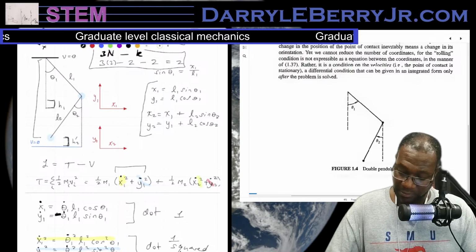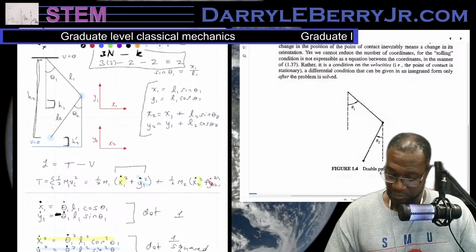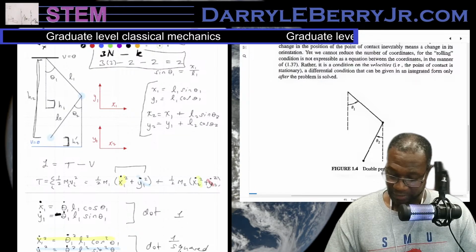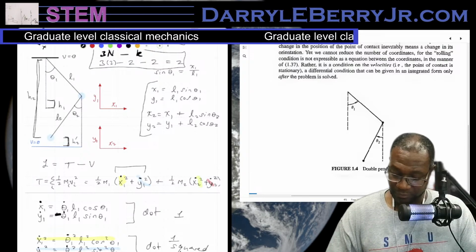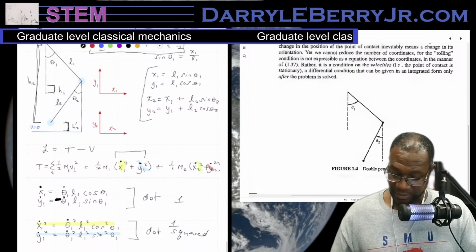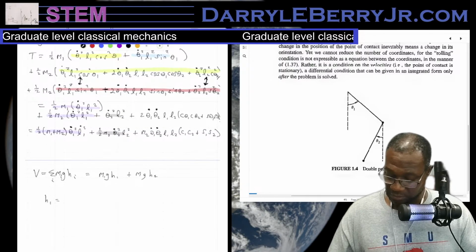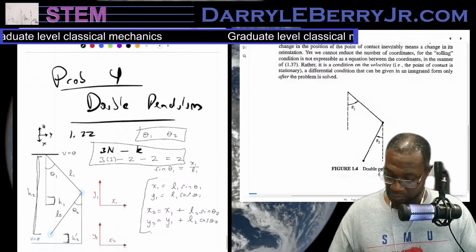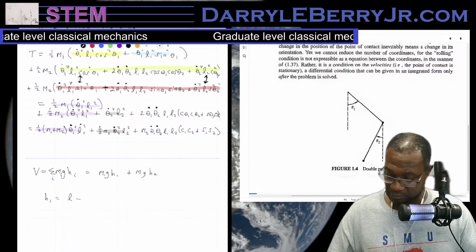H2 proper will be all of this. So I can say that H1 is the full L, the full distance, minus what's above L. So H1 equals L minus what is above L, which is L1 cosine theta 1.